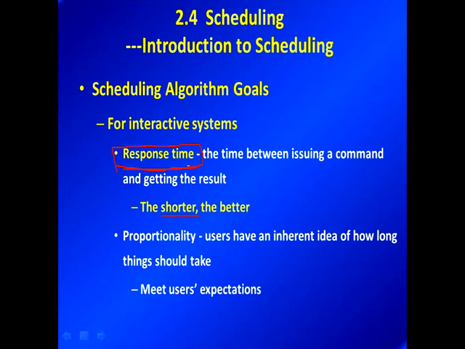It's okay for the users to get a result like that. So it's hard to simply calculate the response time. So we use the turnaround time to evaluate the algorithms for interactive systems in this course.